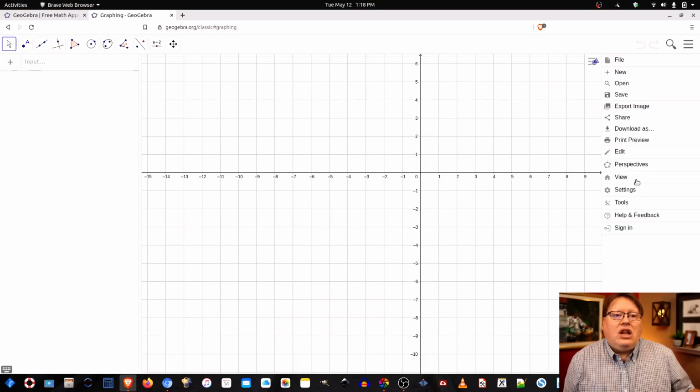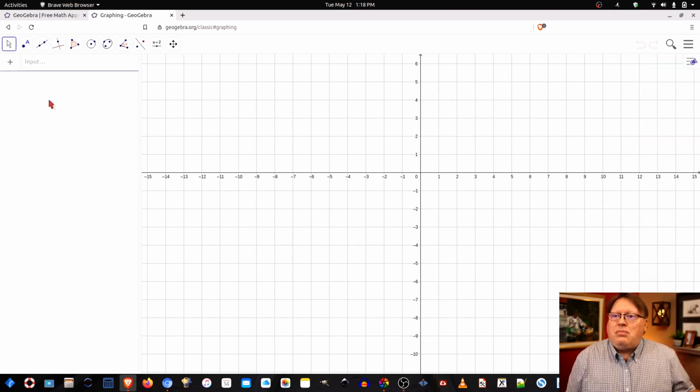And I could log in. I could sign in. But I'm not worried about saving our work today. So I'm not going to do that today. But you could sign in if you choose. And then the work that you do in GeoGebra will be saved for you into a file, which you could open later. But our first problem, we want to graph our first set of points.